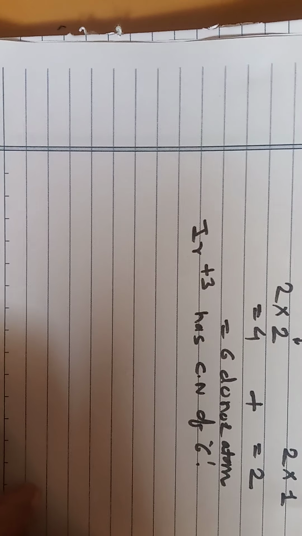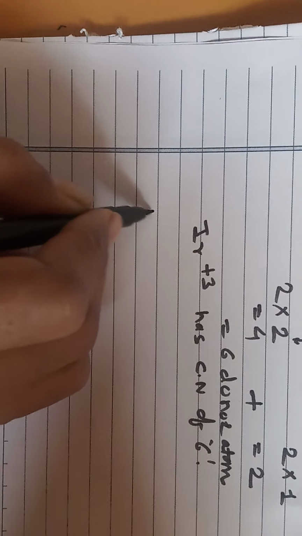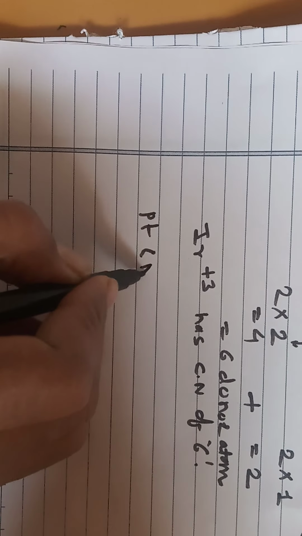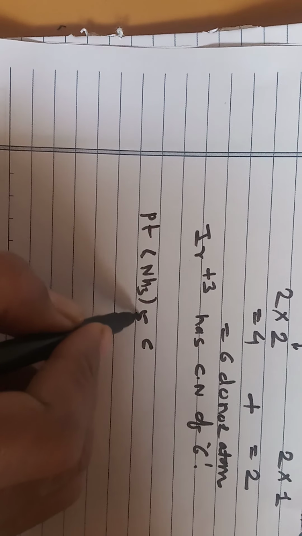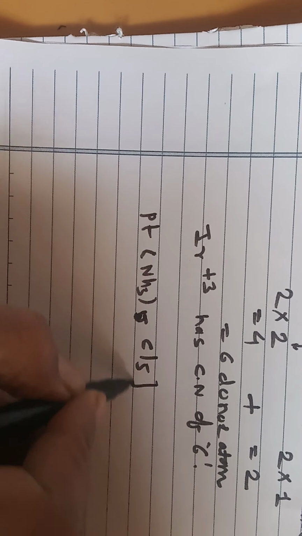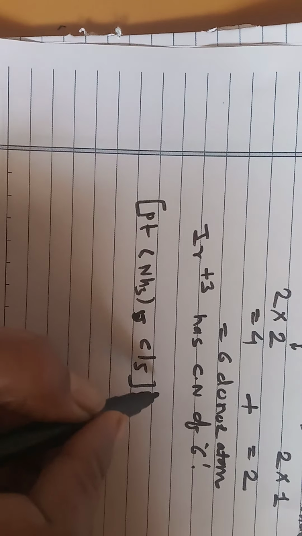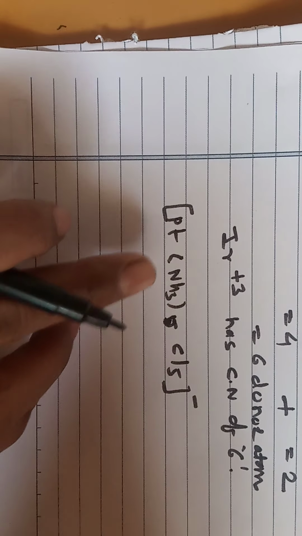because they are most stable. Now consider the example of platinum, which is attached to 1 ammonia and 5 chlorine. Let us find out the coordination number of the platinum here.